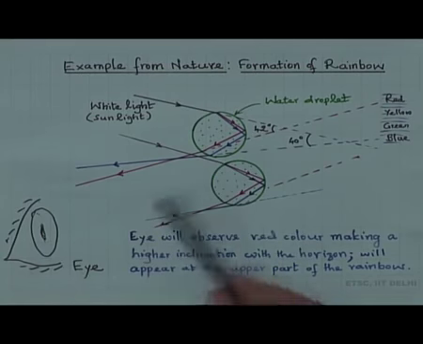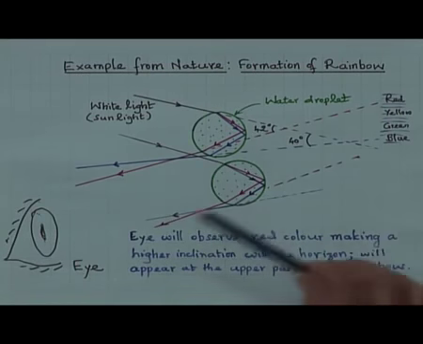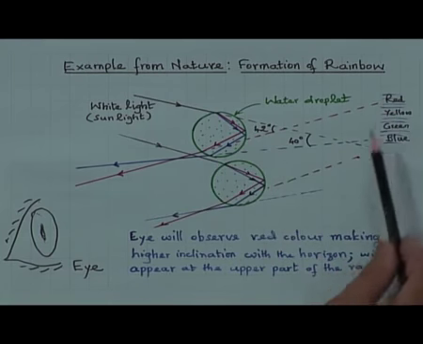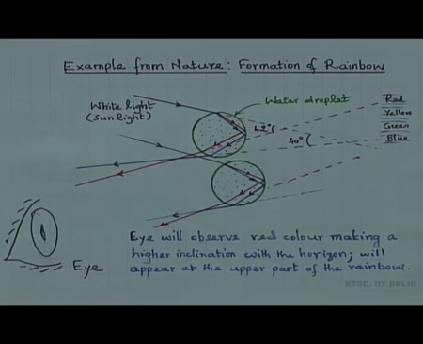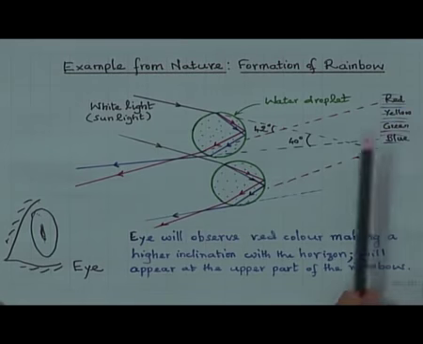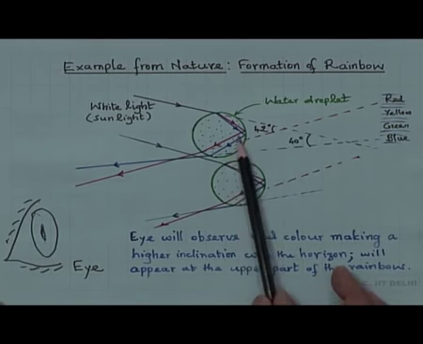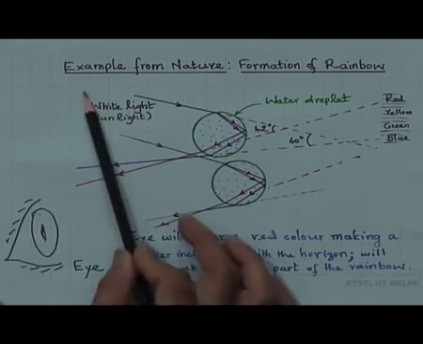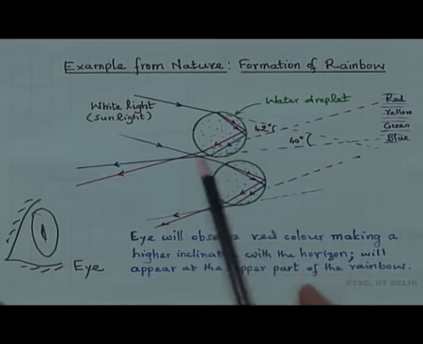There are situations when the colors may interchange, if there is a second refraction taking place. But the point here is that the formation of rainbows is because of dispersion of sunlight taking place in the water droplets near waterfalls and soon after rain.